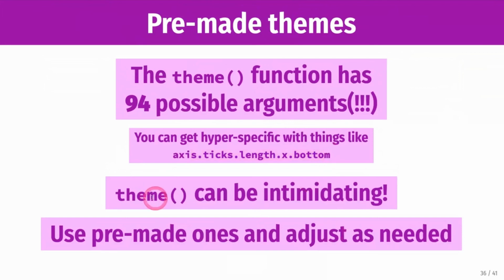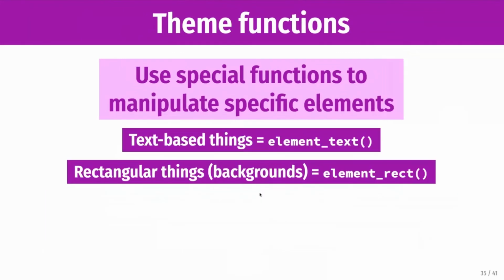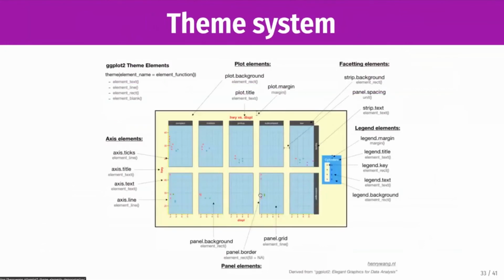And then if I want to adjust, I add a theme layer after it and maybe move the legend to the bottom or something. The way I figure out how to do that is I've been doing this long enough that I know lots of the parts of this. I still don't have this all memorized. It's impossible to do that. So I'll refer to this and say, I want the spacing between the panels to be a little bit bigger. I look up how to do it, and then I add that after theme_ipsum, whatever.